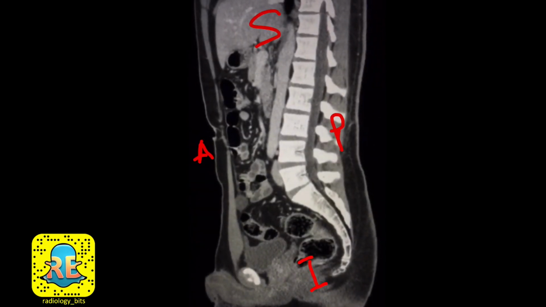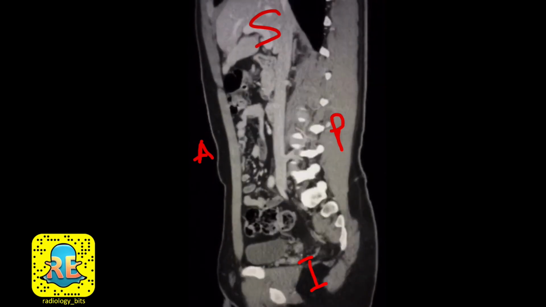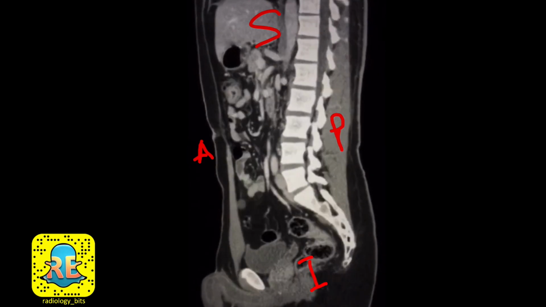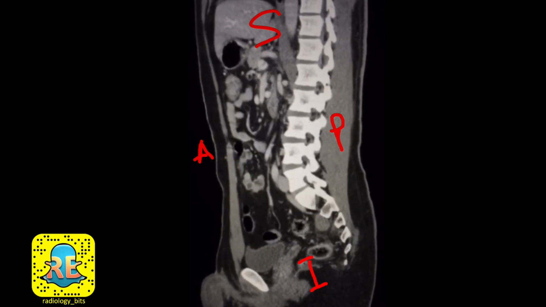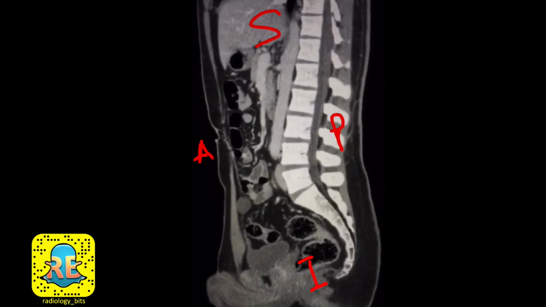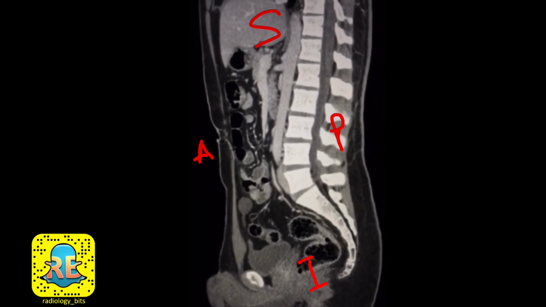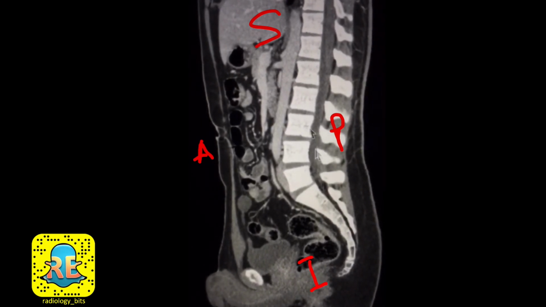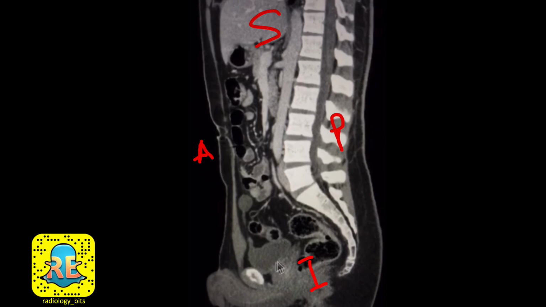This is the sagittal image for better assessment. So in this image, this is anterior, this is posterior where you see the spine, this is superior, this is inferior, and here you see the urinary bladder.